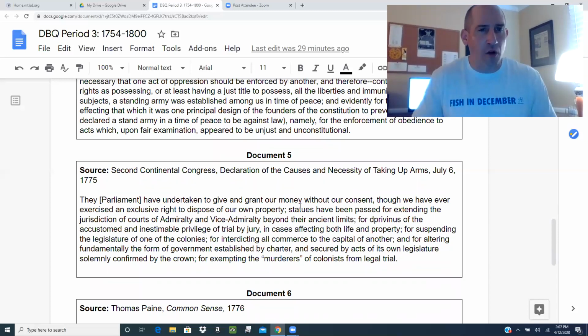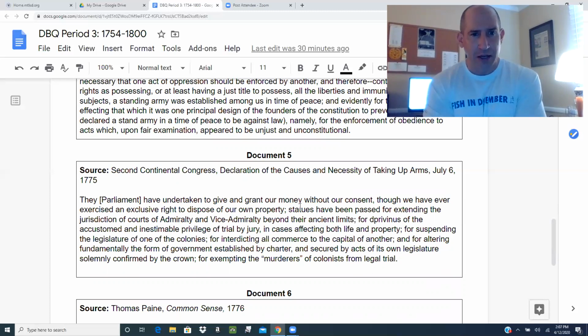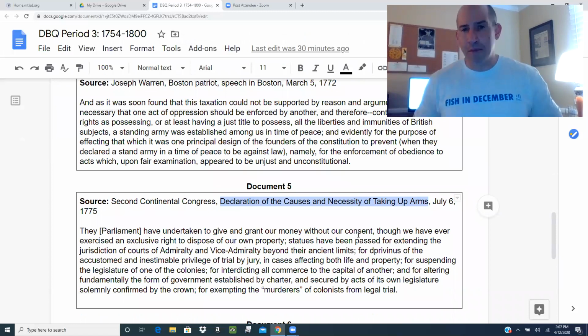And so once all of that stuff happens, we have the Second Continental Congress, which still offered the Olive Branch Petition. Here in your document is the Declaration of the Causes and Necessity of Taking Up Arms.